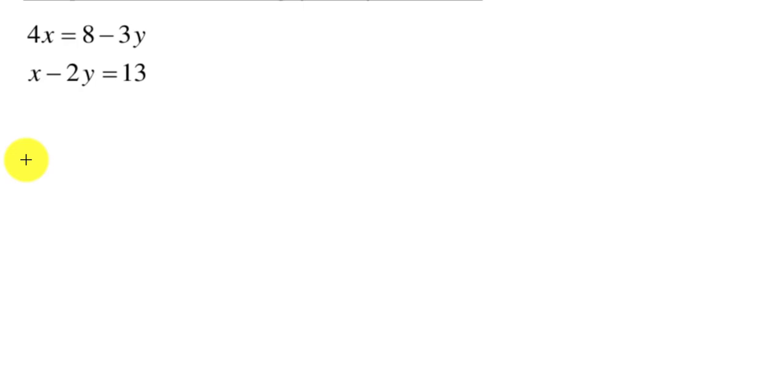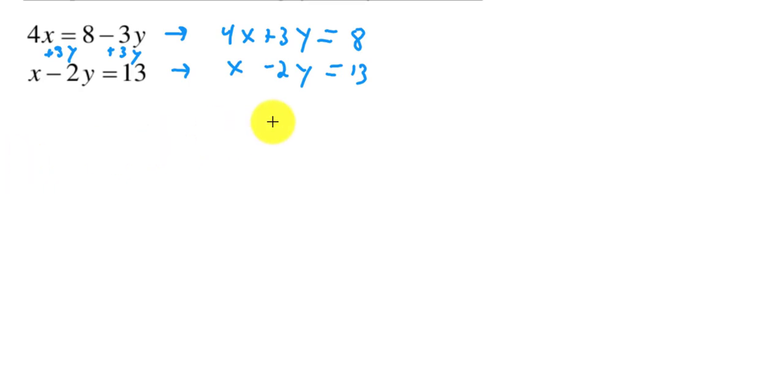So if I add 3y to both sides here, this top equation becomes 4x plus 3y equals 8. The bottom equation I'm not going to touch yet. x minus 2y equals 13.